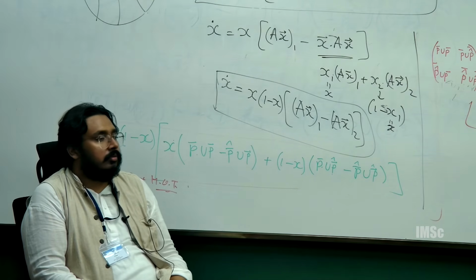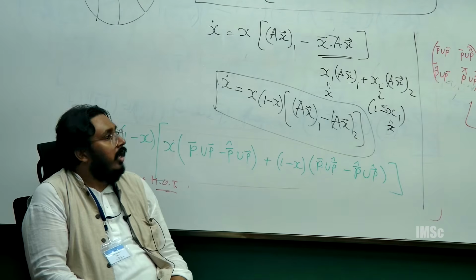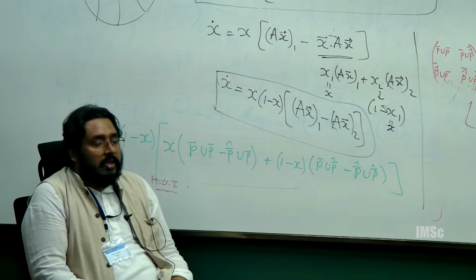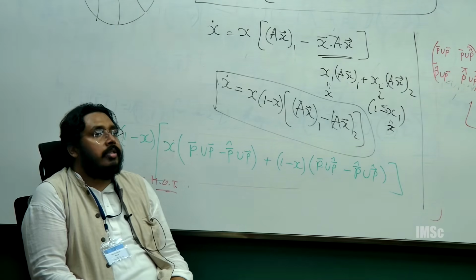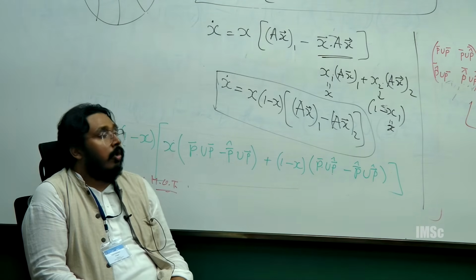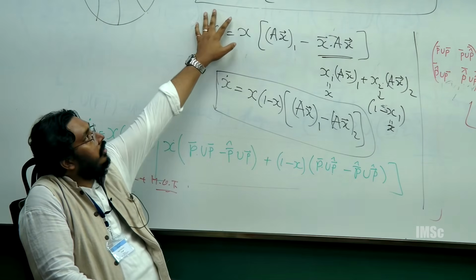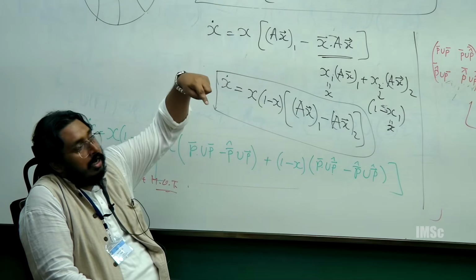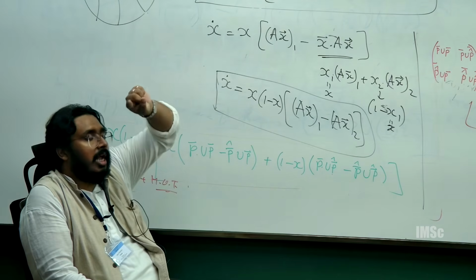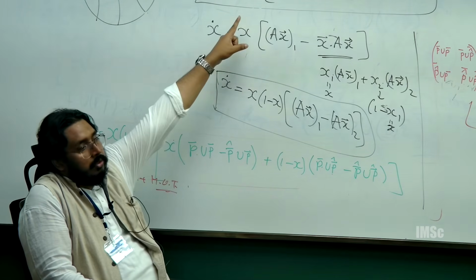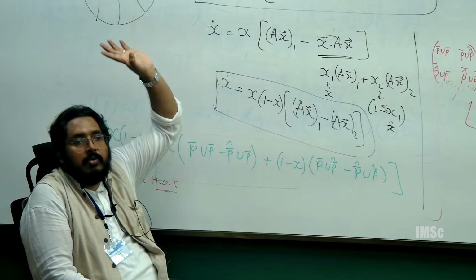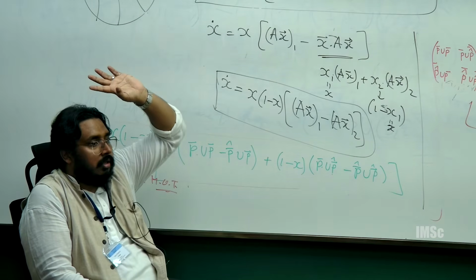So what if we include the mutation part? Yes, there are two different ways. One is you have to decide how rare the mutants are. For example, here if I wanted to include mutation, what is happening is if I have a trait I, I cannot create trait j from it. If x_i remains 0 right from the beginning, it will always remain 0 till the end.